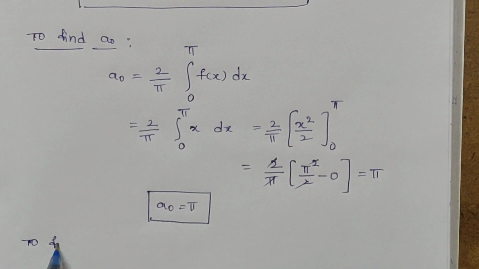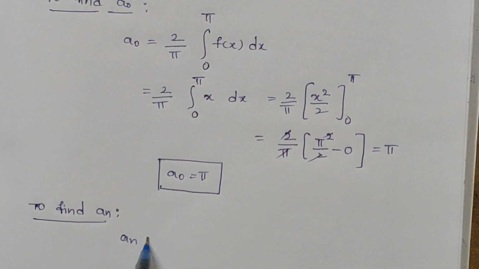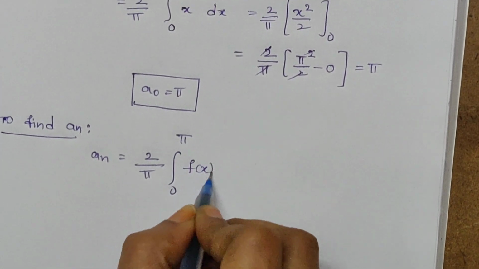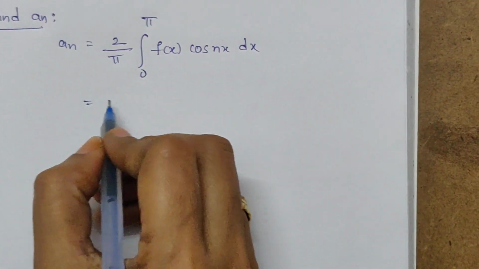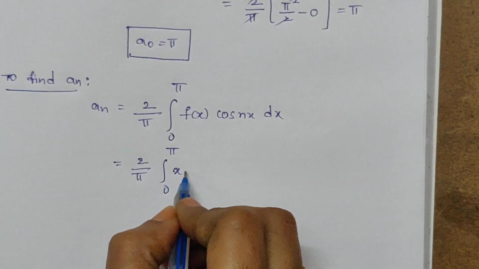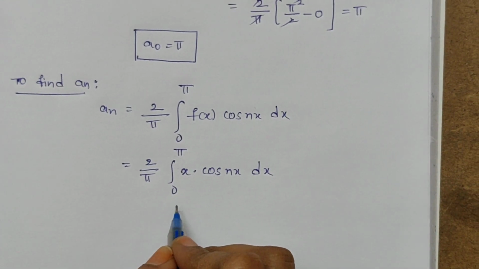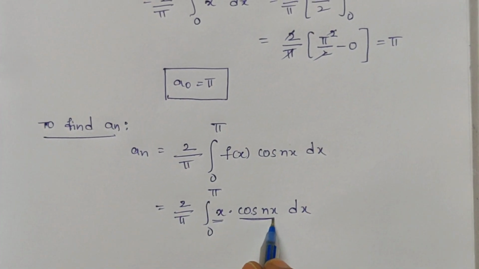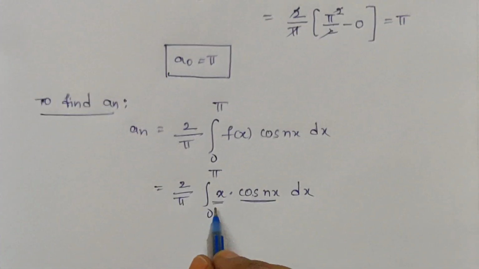Now to find an. The formula is an equal to 2 by pi integral 0 to pi f of x cos nx dx, which is equal to 2 by pi integral 0 to pi x cos nx dx. Now we have to evaluate the integral. Under the integral we have an algebraic and a trigonometric function, so to evaluate this we go for the generalized rule of integration by parts.